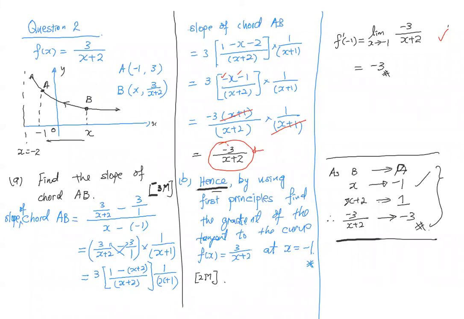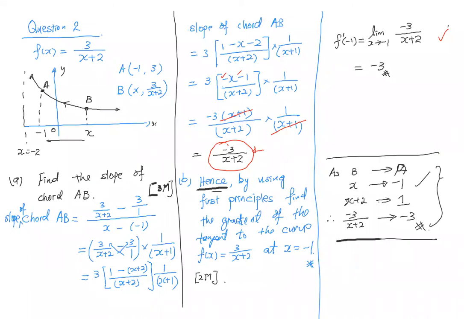The gradient of the chord AB. Hey, you tell me the gradient of the chord, you didn't interpret the meaning, okay? What does slope of a chord AB represent? Is not the average rate of change. You give me average rate of change, I give you 0 mark.